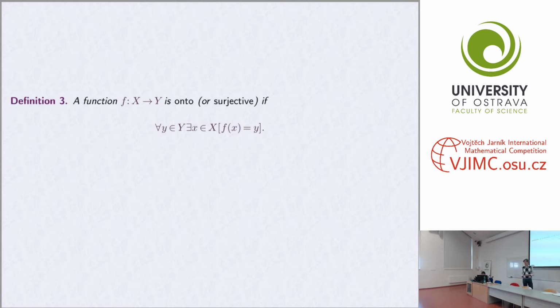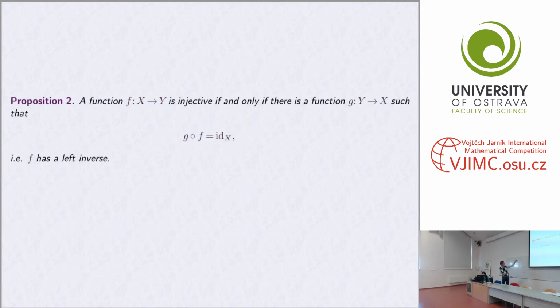But again, we don't like it because we have to specifically refer to the fact that X and Y are sets, and we have to pick some elements of those sets. So we would also want to generalize it to a different setting where we not necessarily work with sets and functions.